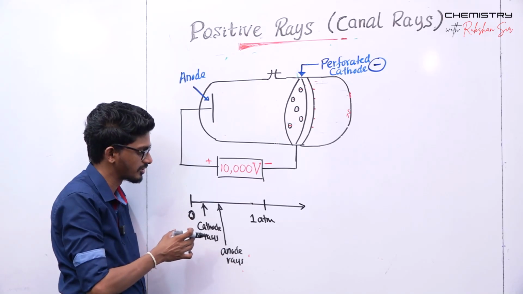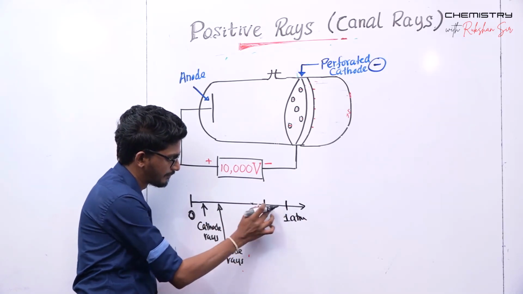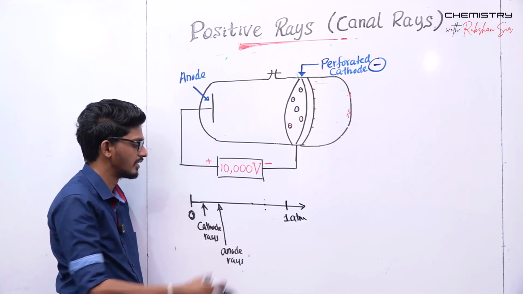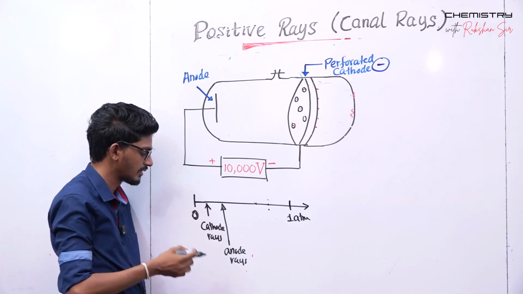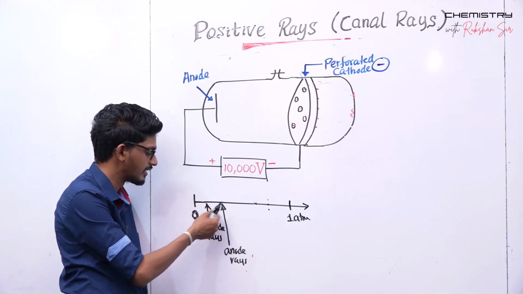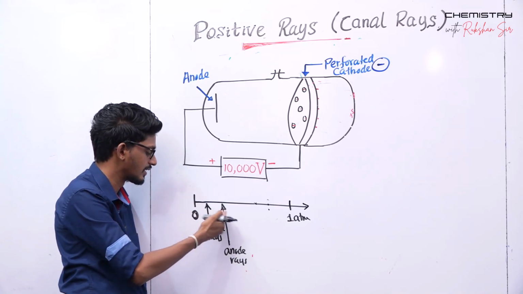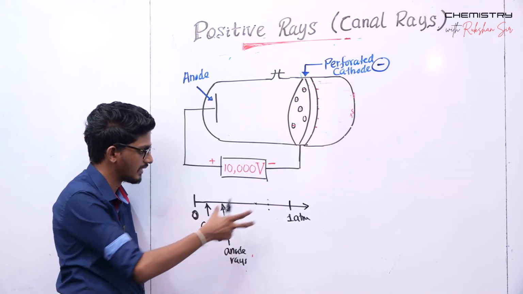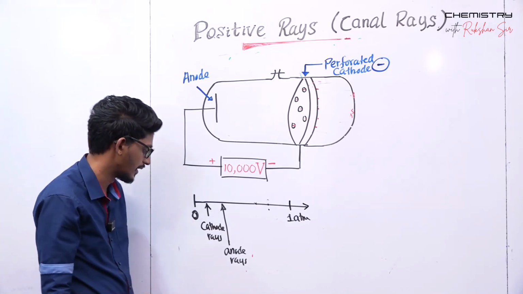It is still low compared to the atmospheric pressure, but a bit greater than in the cathode ray situation. We have discussed why we need such a bit greater pressure. Anyway, it is a low pressure, still maintained to observe the anode rays.